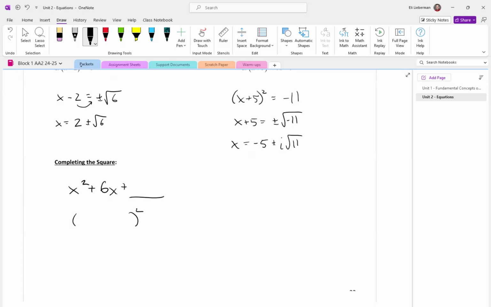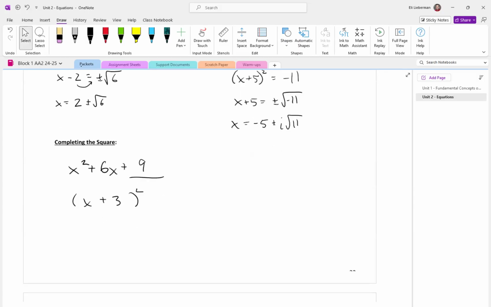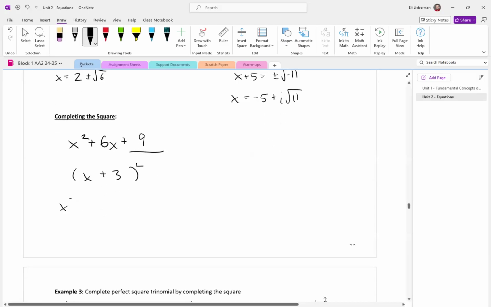And it is a 9 that we're adding here because now this is x plus 3 squared. So what happened before is it wasn't a perfect square trinomial, but we made it a perfect square trinomial by adding that 9. Now, did that 9 just come from magic? Of course it didn't come from magic. It came from math. But just make sure your neighbor's okay with what we add here.